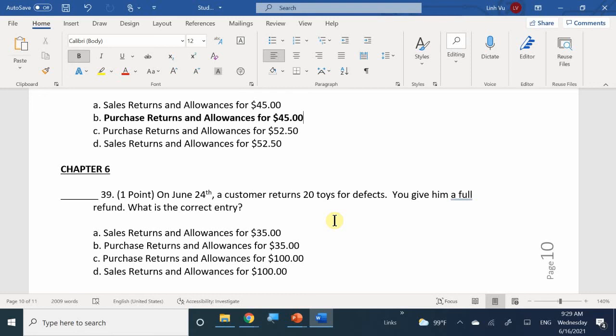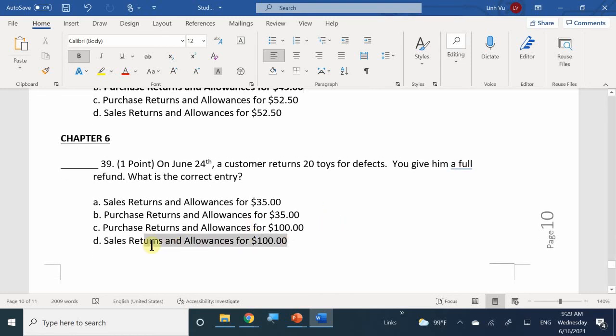What did we sell to them? 5 times 20 is $100. So you're going to refund them at the $5. You're not going to refund them at the price it cost you, because at the end of the day, you're not trying to break even, you're trying to make a profit. So you're taking the actual selling price of $5 each.